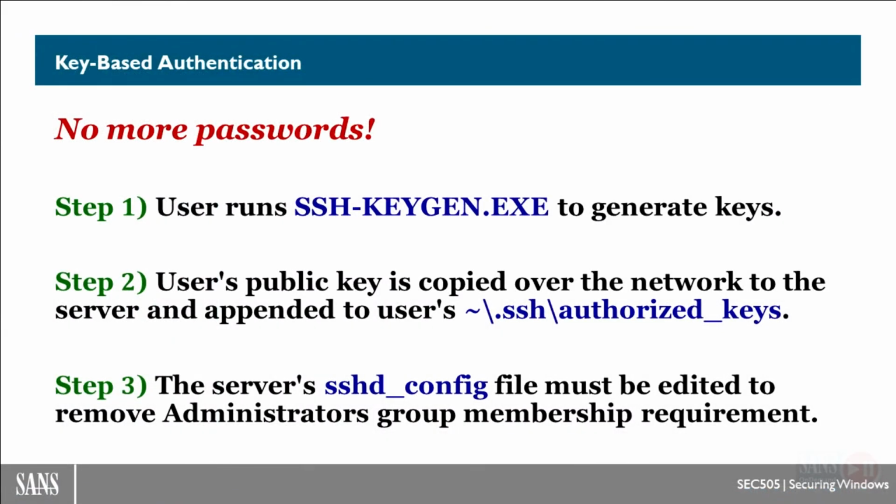So again, that's that double-edged sword issue. It's very convenient, and there's many security benefits to doing key-based authentication. But on the downside, if my adversaries steal the private keys, or if my adversaries can append their own public keys to that authorized keys file, then that can cause massive problems.